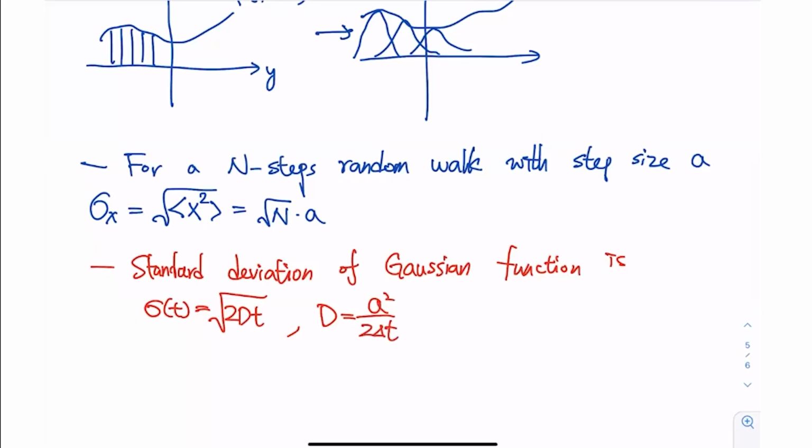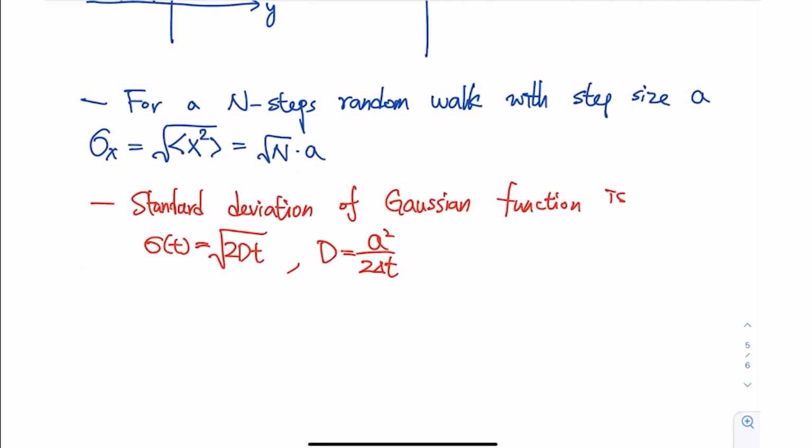Okay, and a is like the deviation of the distribution function. So if you plug that expression into the standard deviation of the Gaussian function, what we will see is that this thing is basically the square root of 2 times a squared divided by 2 delta t, times t.